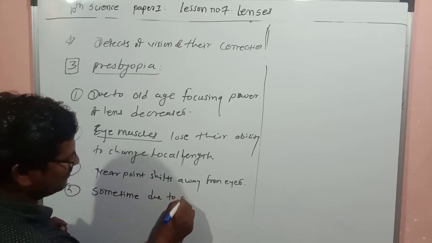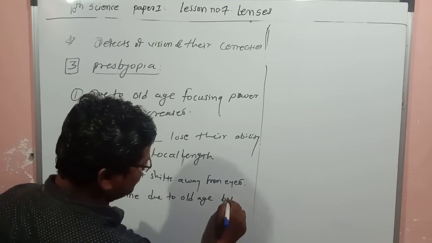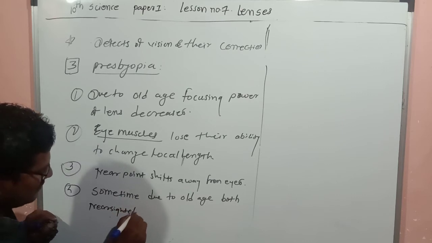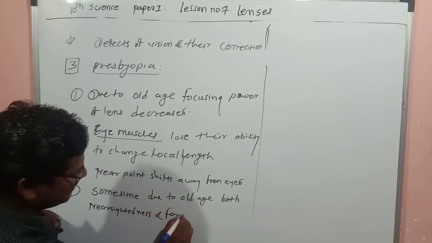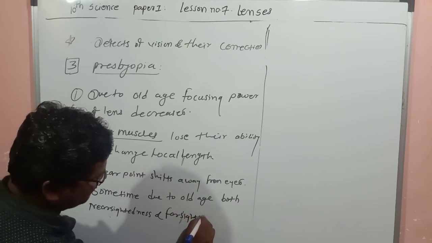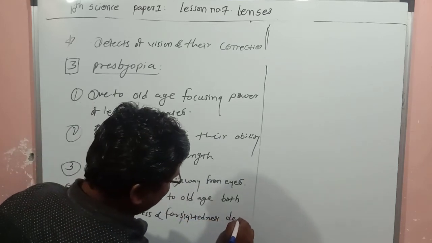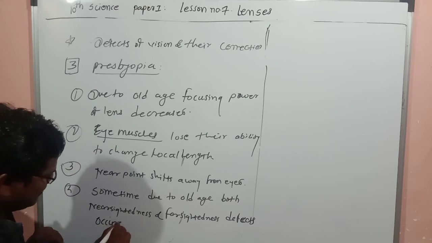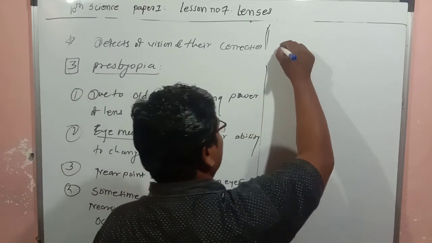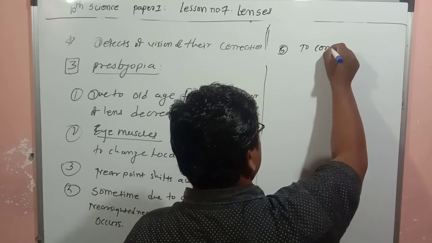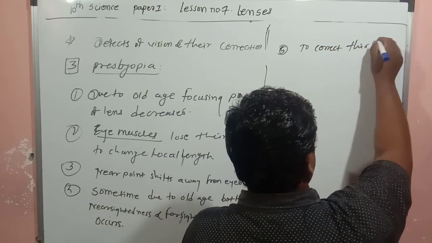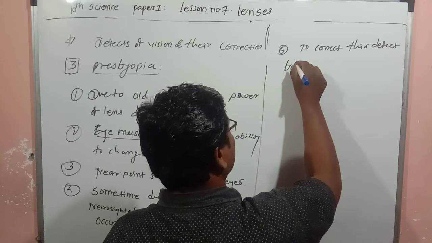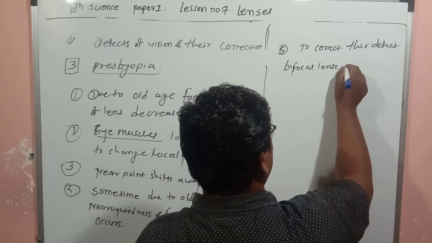Fourth, sometimes due to old age, both nearsightedness and farsightedness defects occur. And fifth, to correct this defect, bifocal lenses are used.